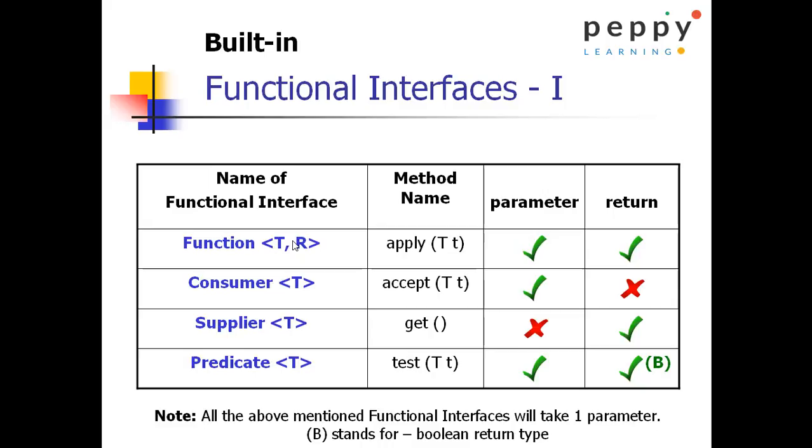Predicate will take input and return the output as Boolean. The method used for Predicate is test. In all of these four core interfaces, it will take one and only one parameter. Here, the B in the bracket stands for Boolean return type.